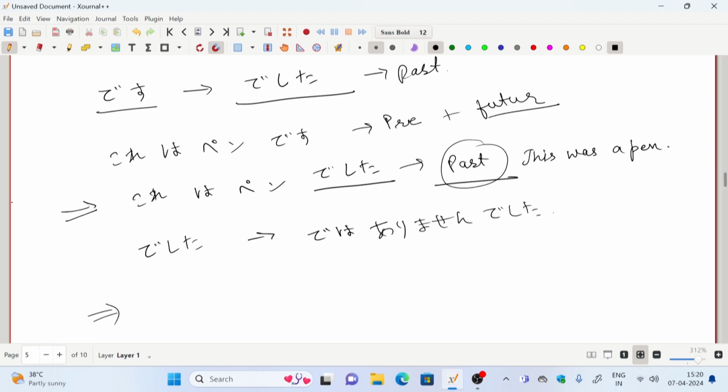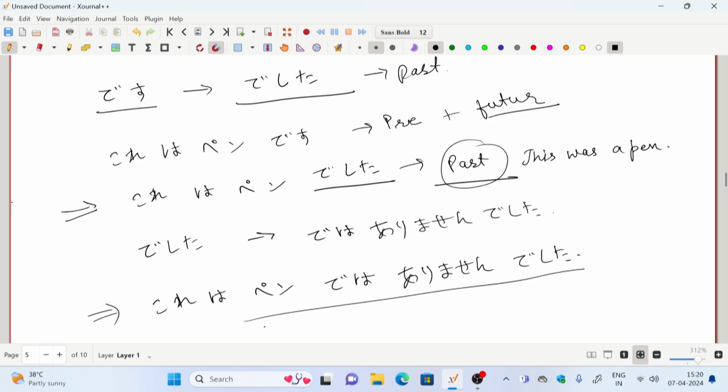Suppose we write this was not a pen: kore wa pen dewa arimasen deshita. This will become this was not a pen.